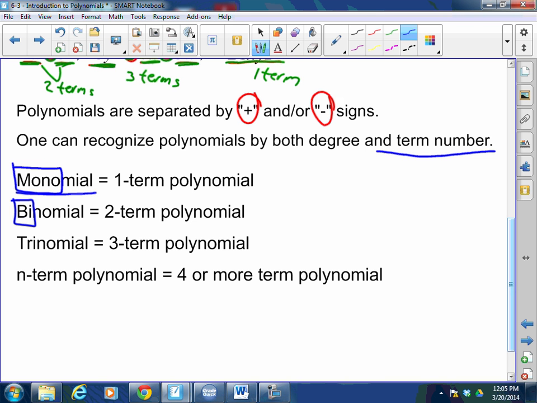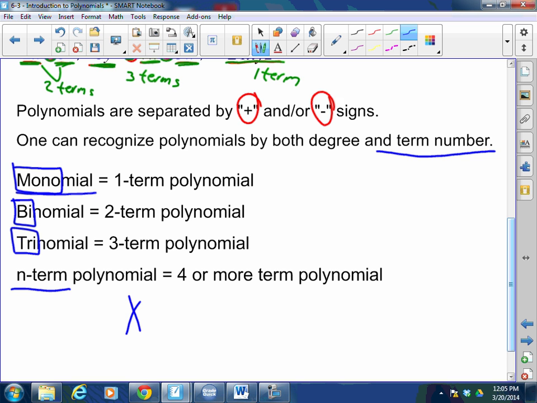Trinomial, 3 terms. A 3-term polynomial is a trinomial. Think tricycle, triathlete, triangle. And then, if you have more than 3 terms, in other words, 4 or more terms, these are called n-term polynomials, where n equals the number of terms.